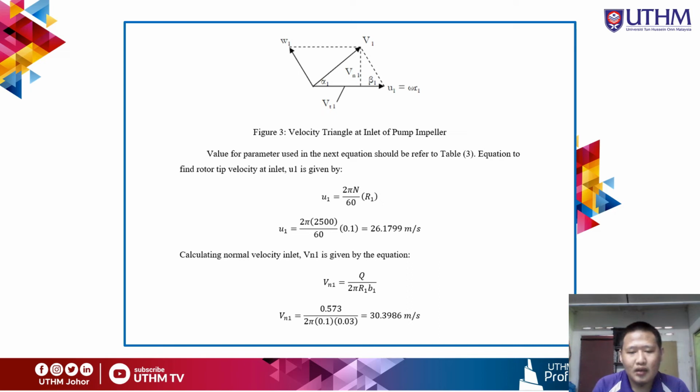We put the value for each parameter, so we get 0.573 divided by 2 pi times 0.1 times 0.03. Then we get 30.3986 meters per second.